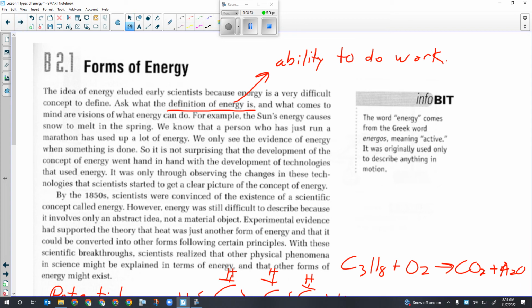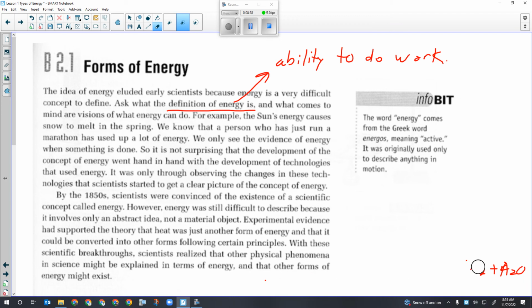Okay, so the big thing that made energy difficult to describe or quantify was that energy is not matter. It's different than matter.